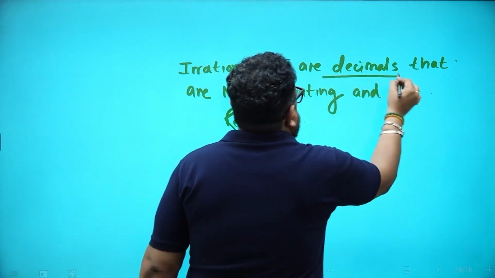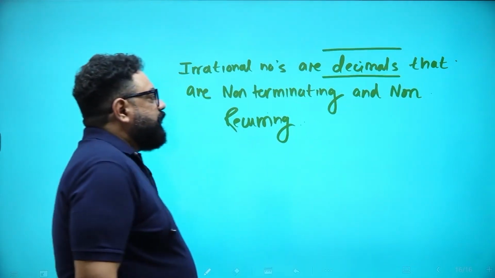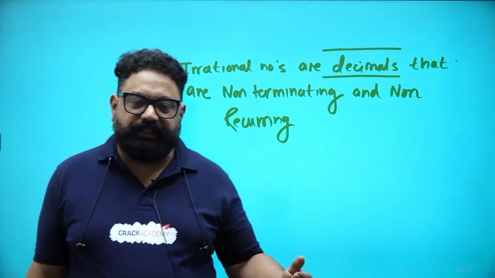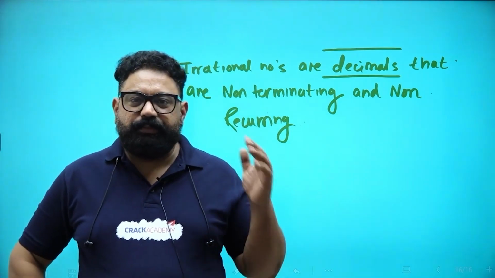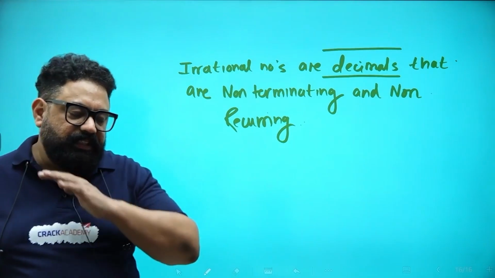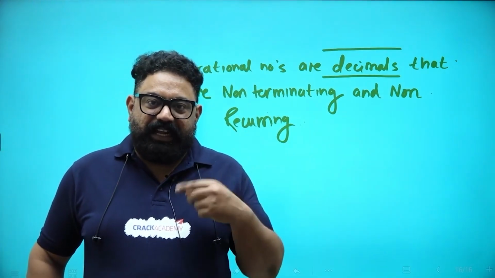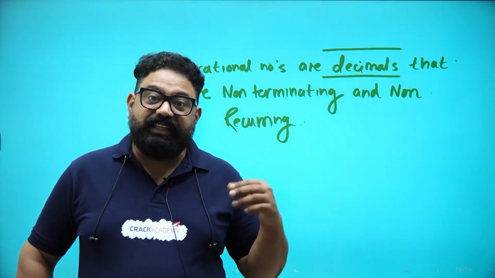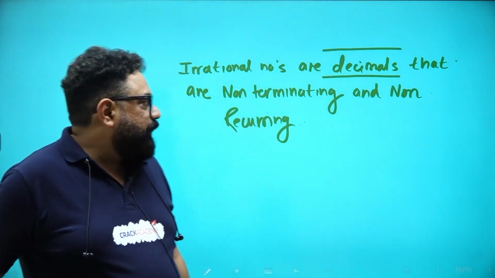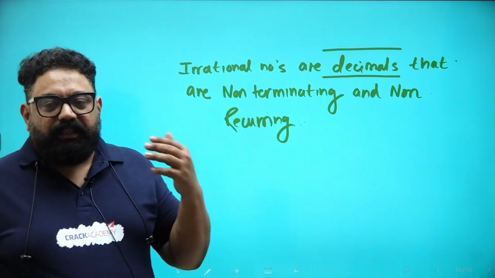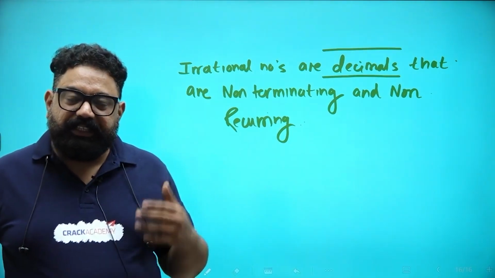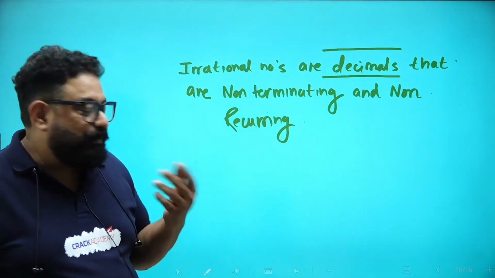Non-terminating means something that does not die, does not finish. Terminator, I'll end everyone. Non-terminating, that does not end. And non-repeating does not have a recurring pattern, isn't it? Does not have a repeating pattern.